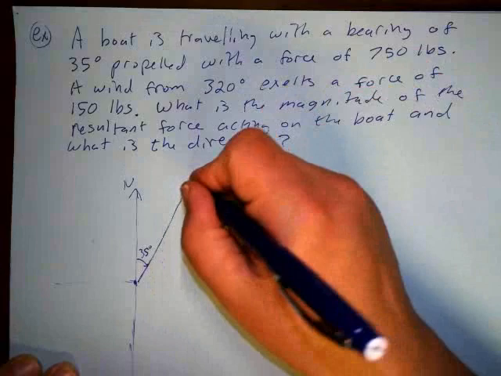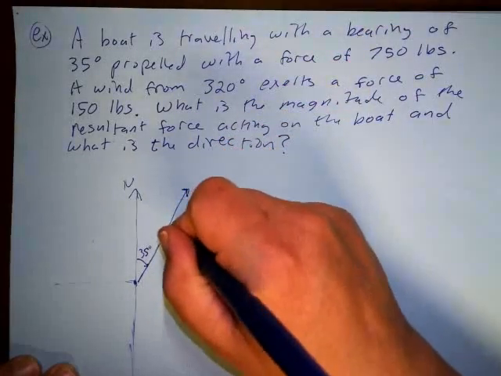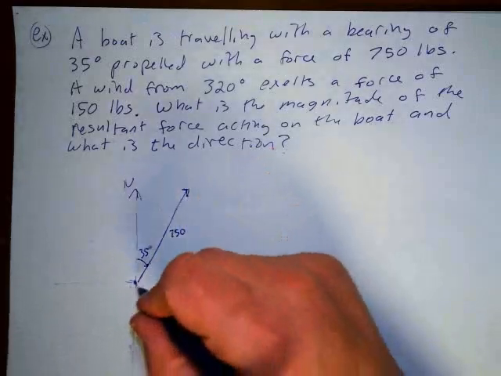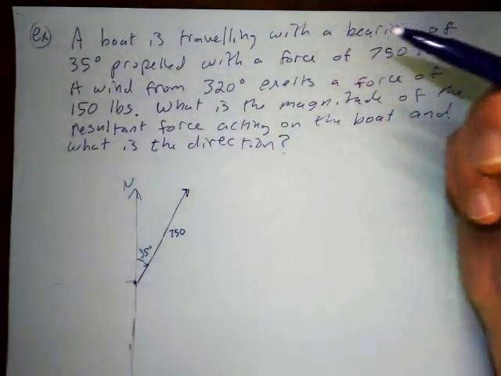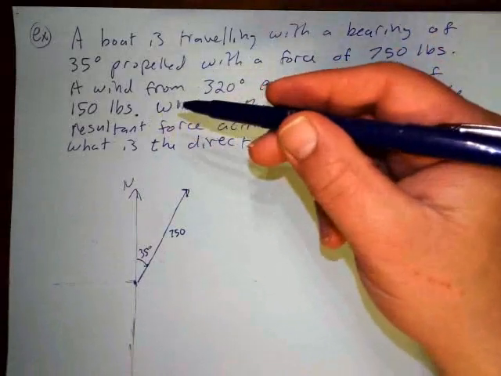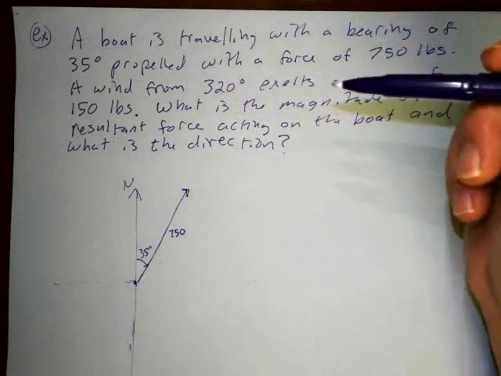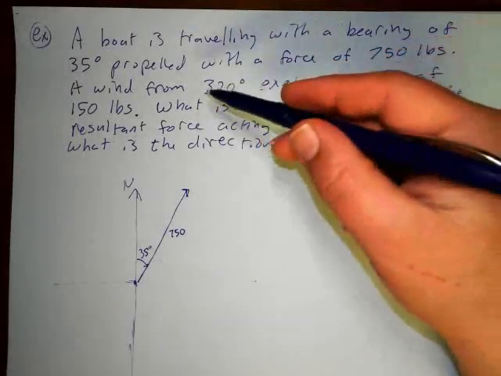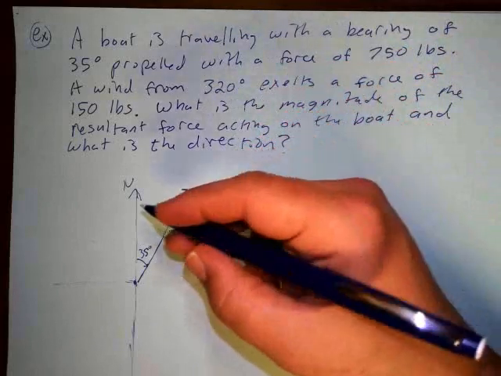The magnitude of that is 750 pounds, so this is a force moving the boat. And then the wind is exerting a force of 150 pounds, and the wind is coming from a bearing of 320 degrees.